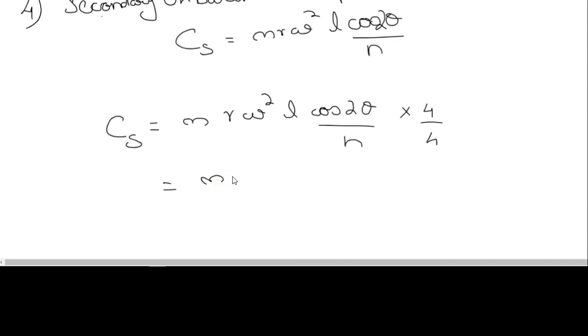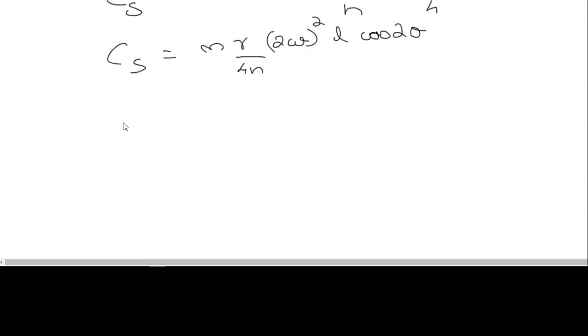So it will become m, r by 4n, and the 4 I am taking inside, and that 4 can be written as 2 omega whole square, L into cos 2 theta. So this is the secondary couple. And compare it with the primary couple, which is m r omega square L cos theta.